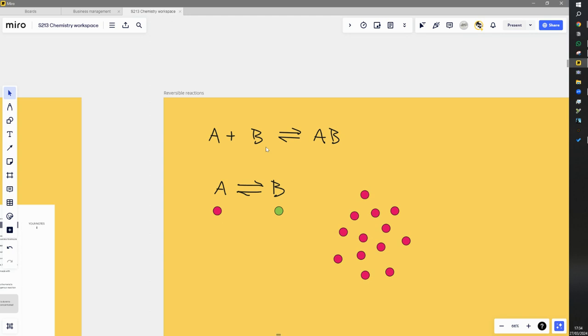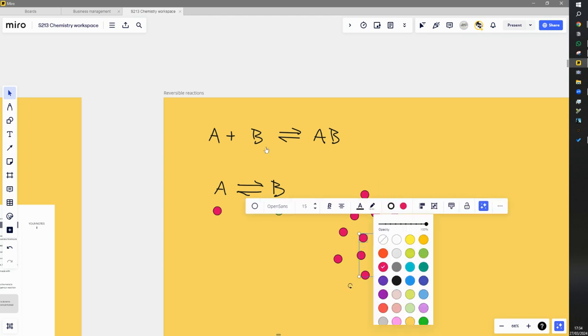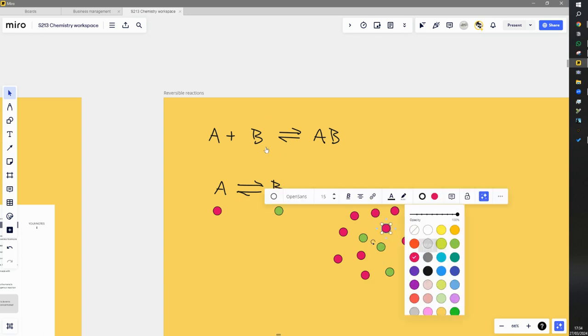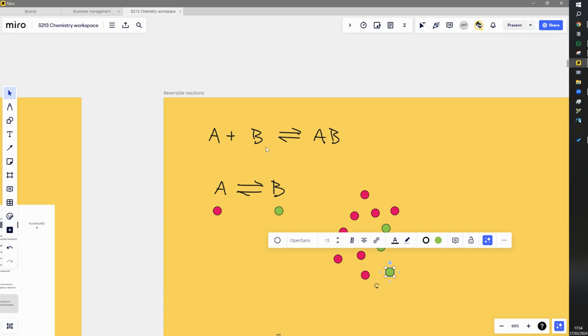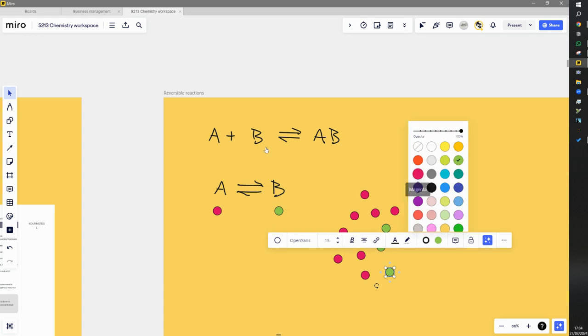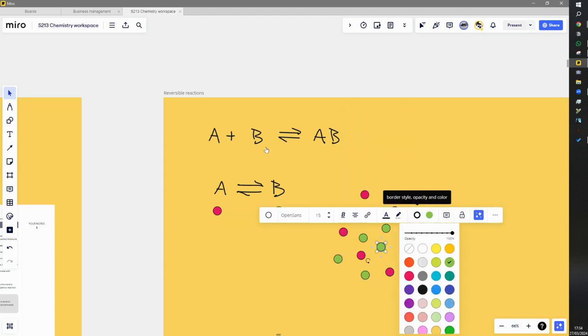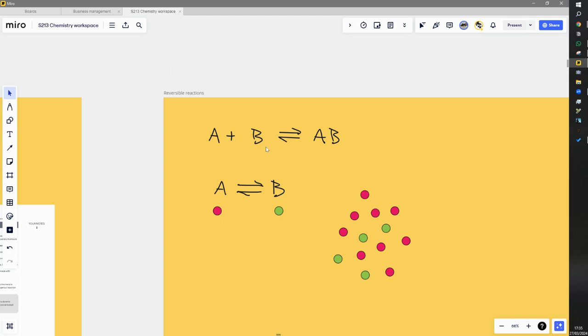Then the reaction starts, and some of these change into B. After a little while, maybe another one changes into B, but in the meantime, one of the B's changes back into A. Maybe two more A's change into B, but in the meantime, one of the B's turns back into A, and so on.